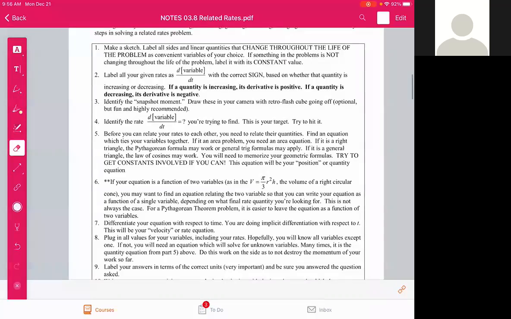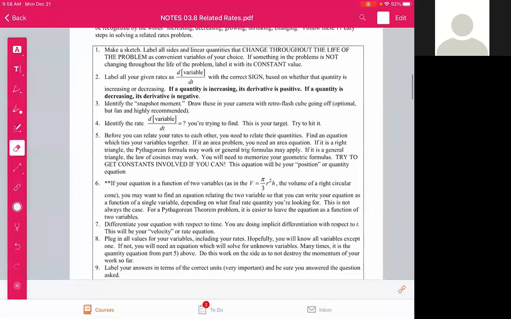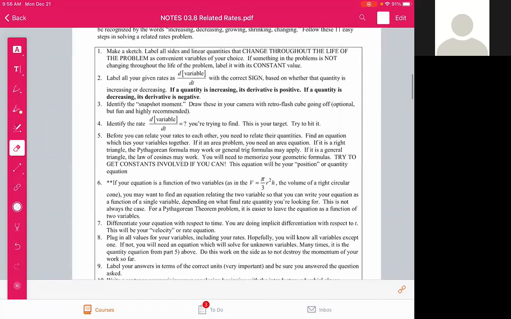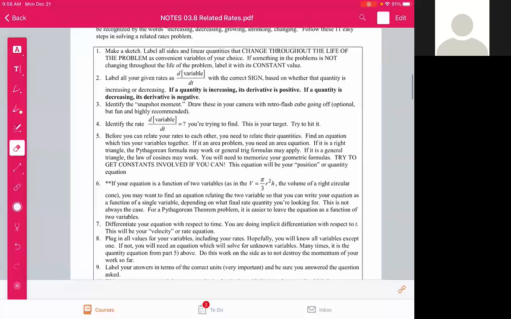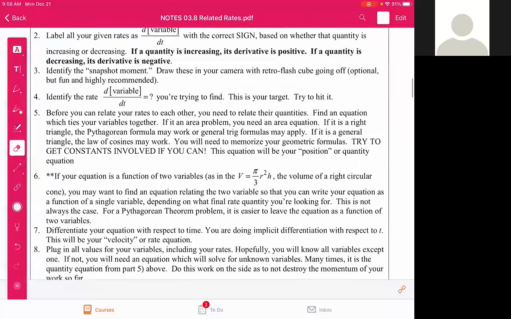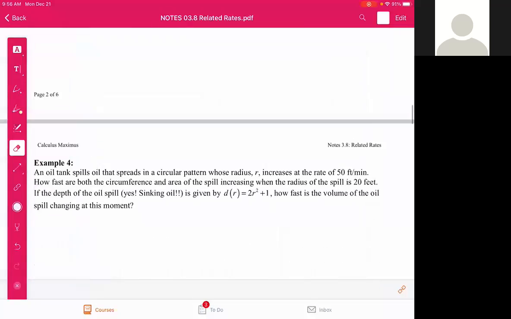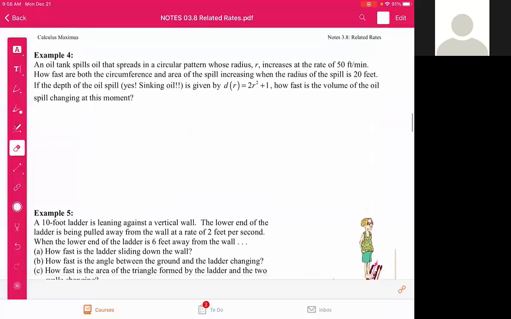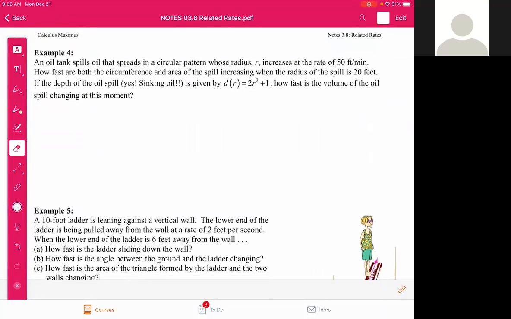Everything is spelled out a lot. I will let you enjoy that on your own time. I'm going to move on to the next example, because we're basically doing all those steps outlined on that last page. We're just doing them actively right now.